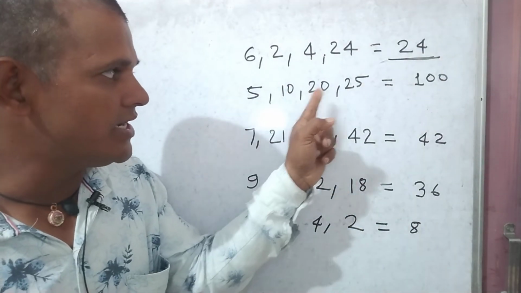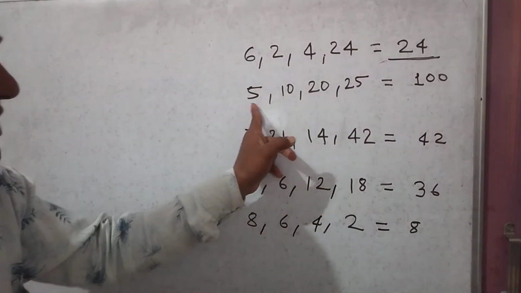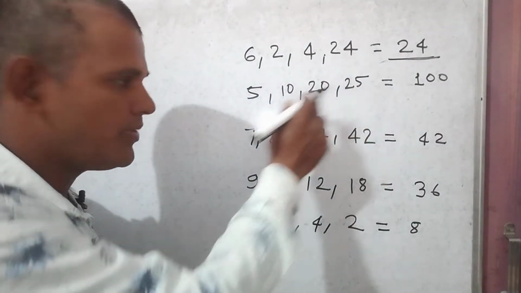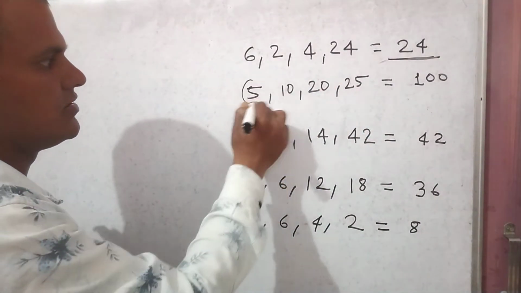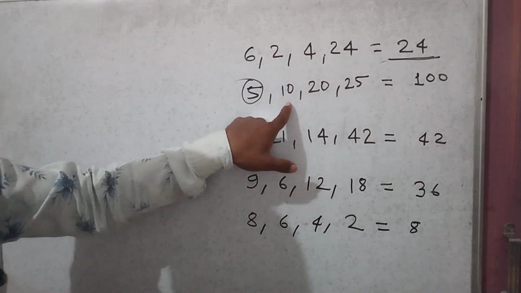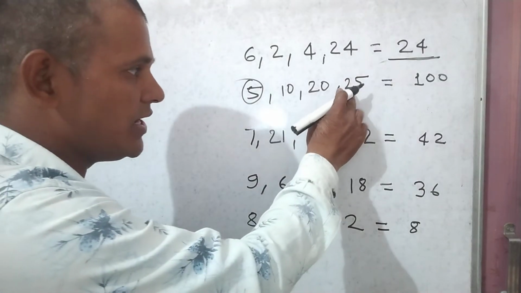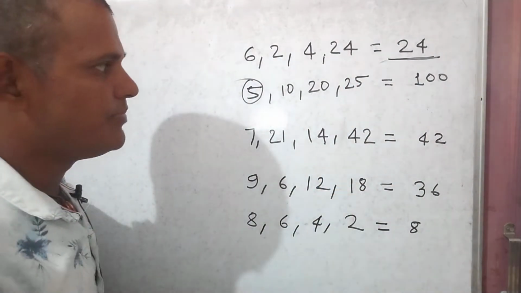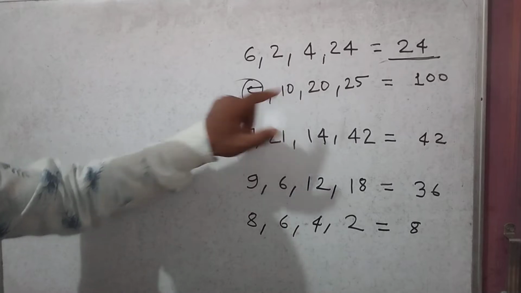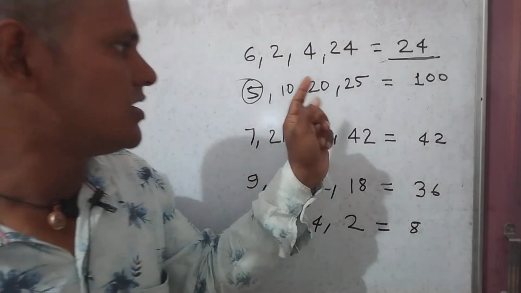5, 10, 20, 25. The biggest number is 25. 25 is divisible by 5, yes. Is 25 divisible by 10? It is not divisible by 10. 25 into 2 will be 50. 50 is divisible by 10, yes, but it is not divisible by 20.